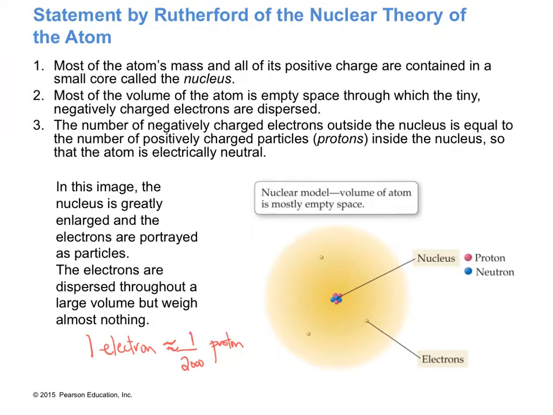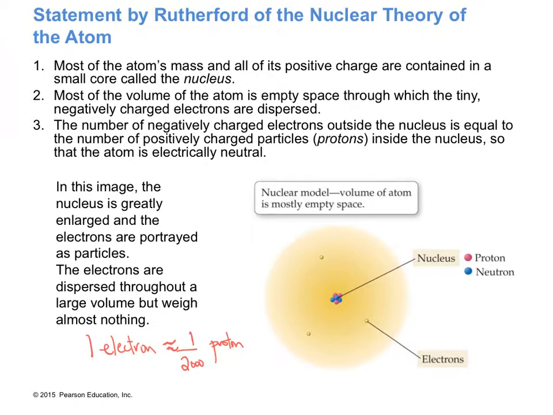The electron has a -1 charge, and a proton has a +1 charge. So as long as you have a 1-to-1 ratio, it's neutral. But most of the atom is empty space in the nuclear model. Okay. Are there any questions so far?